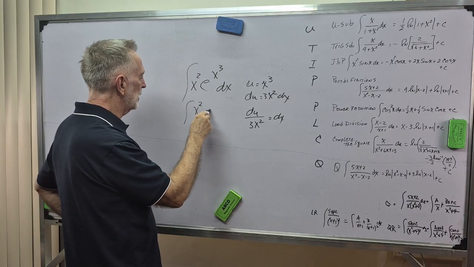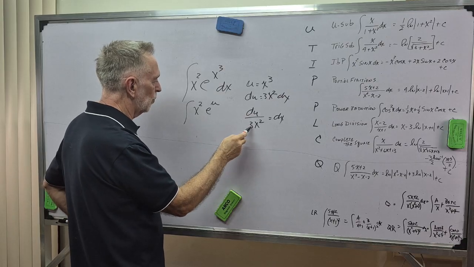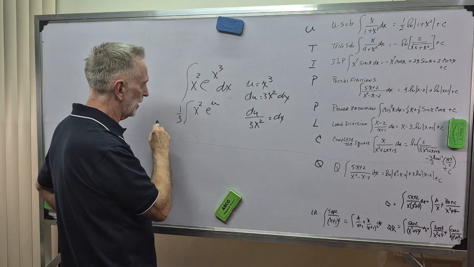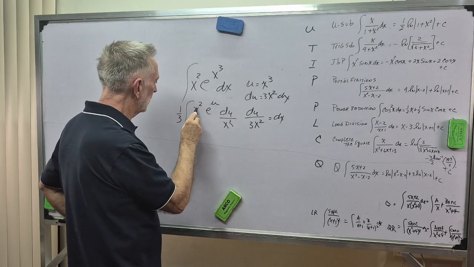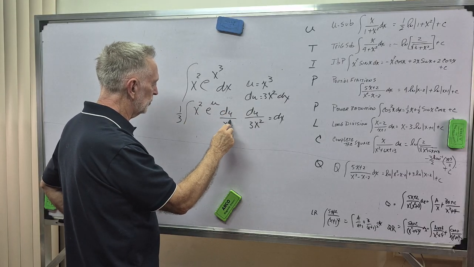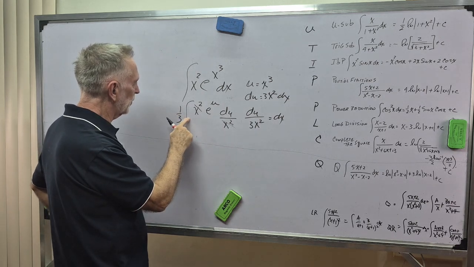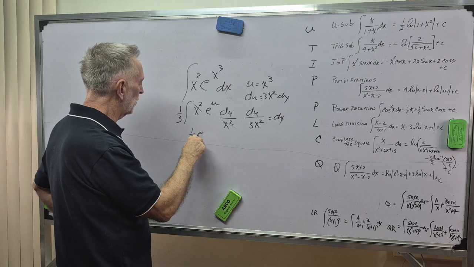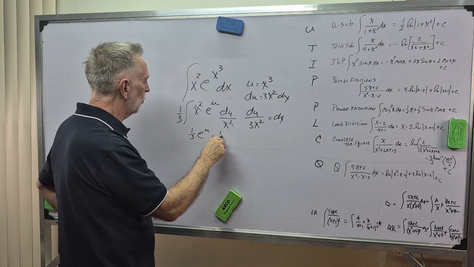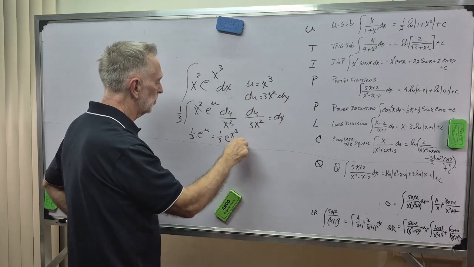X squared e to the u, and dx is 1/3, I'll put it to the outside, du over x squared. Those cancel, so I have 1/3 the integral of e to the u du, which is 1/3 e to the u, or 1/3 e to the x cubed plus c.